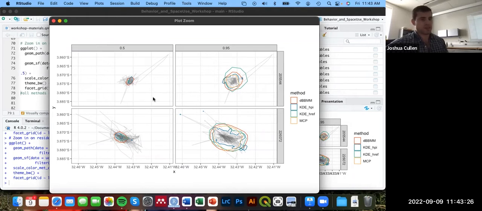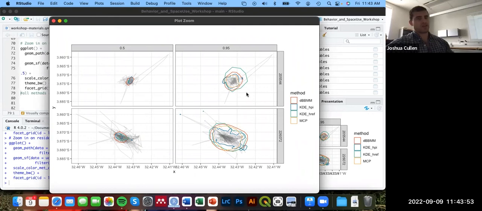And it actually appears that there's not a ton of differences here, at least from a biological interpretation standpoint. So for this top row, looking at this one individual, for the 50% contour, the dynamic Brownian bridge movement model is actually producing a larger estimate of space use compared to both estimates of kernel density estimation.